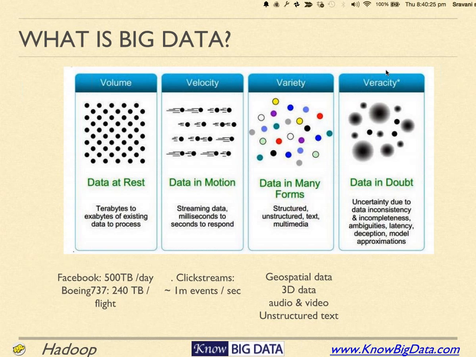The other example of velocity could be the number of requests the world is sending to Facebook. Every time you open up your device, it refreshes your Facebook feed and gives a call to Facebook. Now imagine the number of requests hitting the Facebook servers. So that is velocity, at what pace you are accessing data.